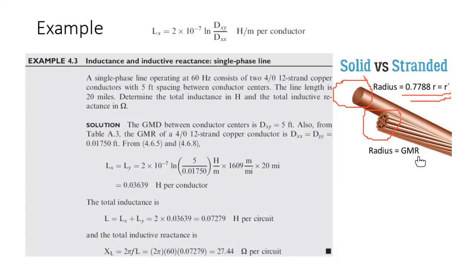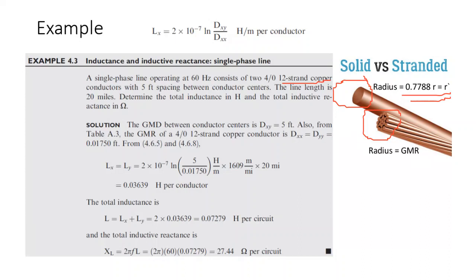But we use the geometric mean radius if it is stranded. So when you read the problem, look at whether it is a solid copper conductor or a strand conductor. If it's a strand conductor, it will not be r prime. You need to calculate the geometric mean radius.